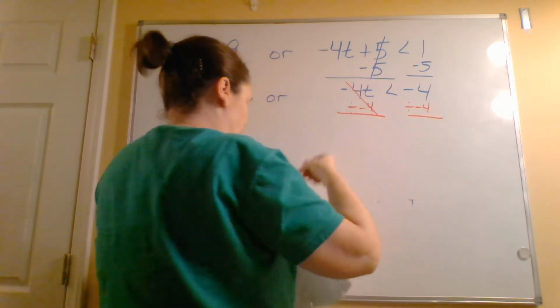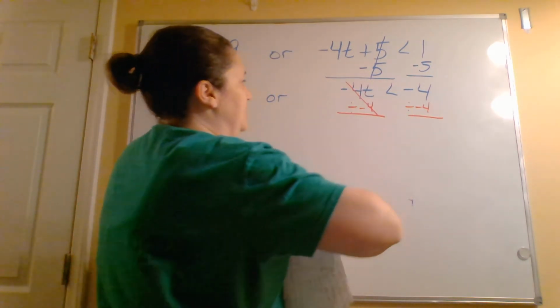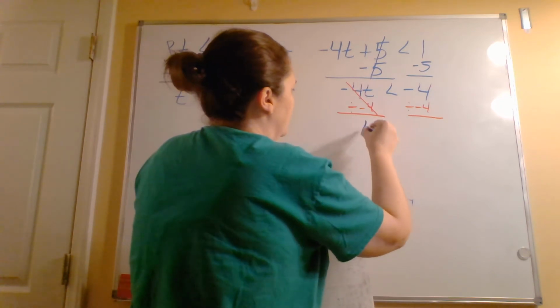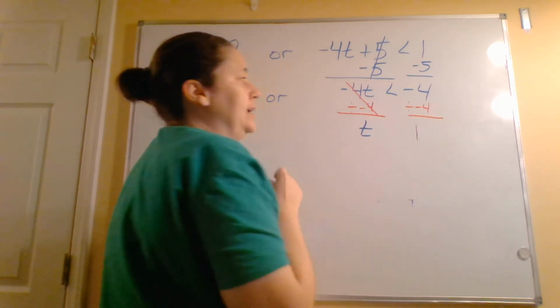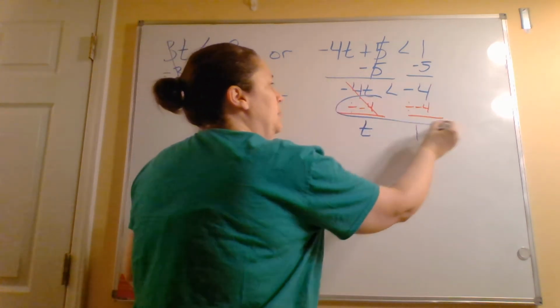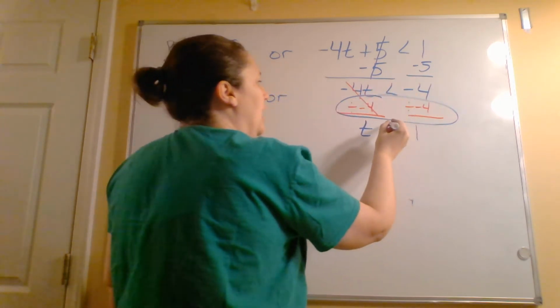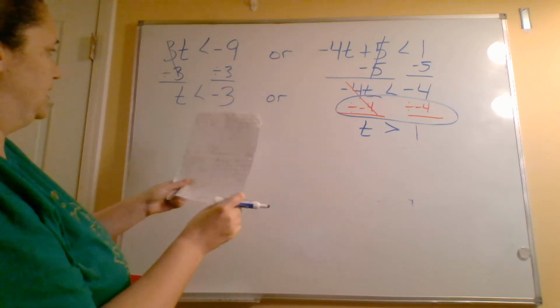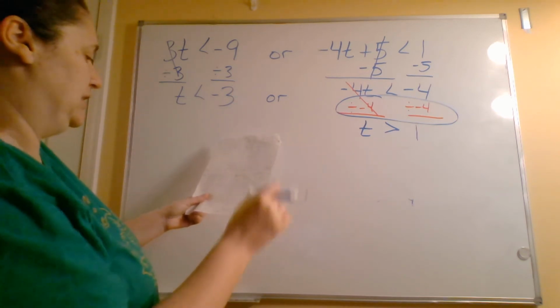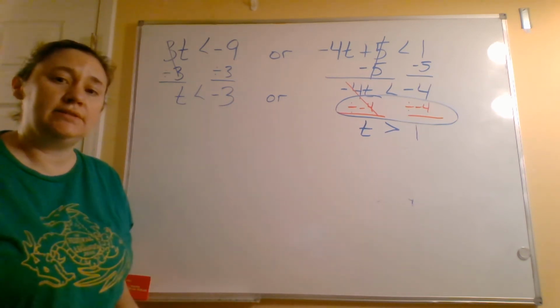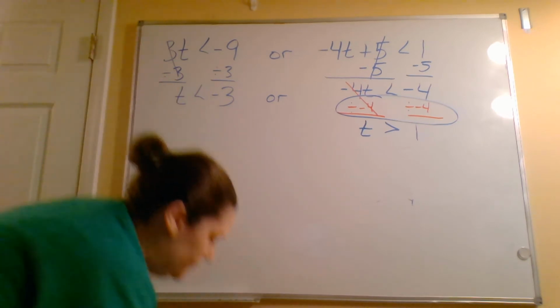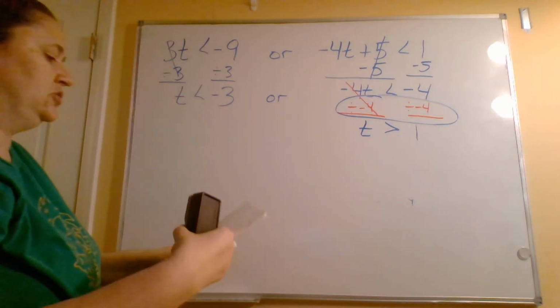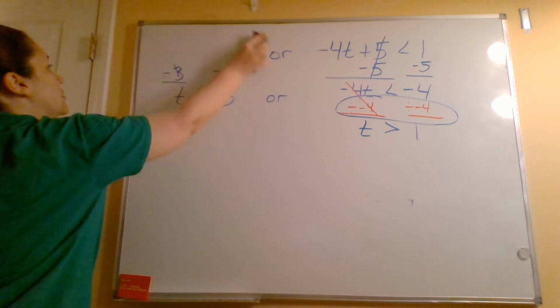The -4's cross off, and I have t on the left, 1 on the right, and since I just divided both sides by a negative number, I have to switch the sign. Let me make sure I got the answer right. T is less than -3, t is greater than 1. That is correct. We did not have to graph it, so we can go on to the last page.